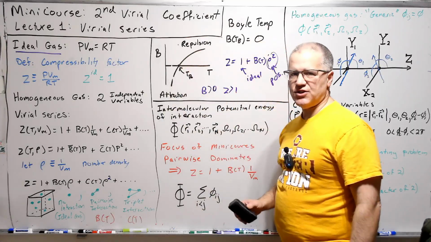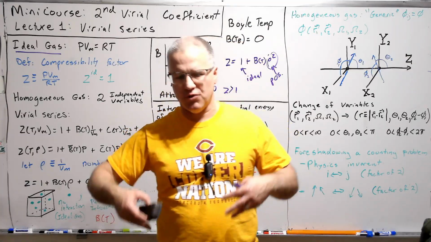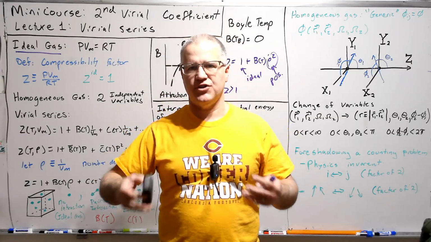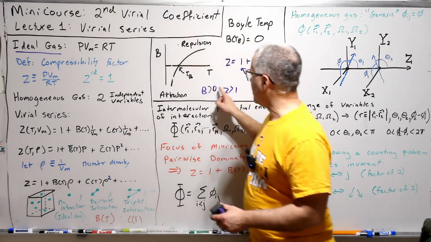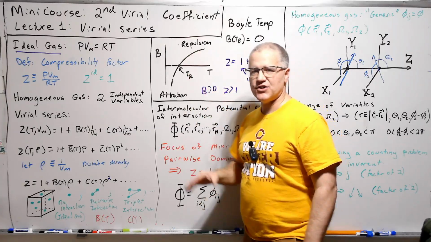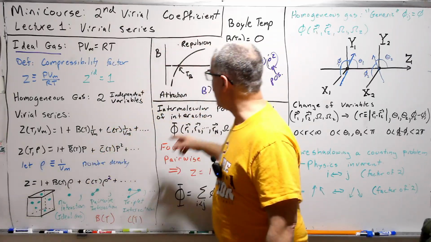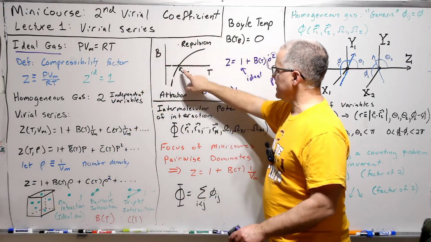Then there's this special value where we might be under non-ideal conditions, and the second virial coefficient would be very important, except that it just happens to be a temperature at which the attraction and the repulsion almost cancel out, allowing B to actually equal 0.